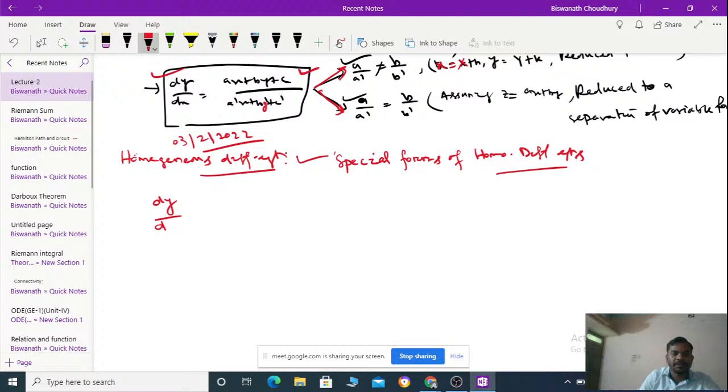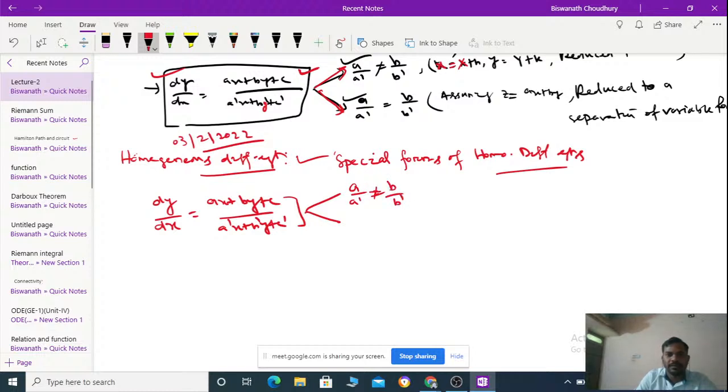In the special form, if the equation is given as dy by dx equal to (ax plus by plus c) divided by (a dash x plus b dash y plus c dash), then this form has two subcases. If a by a dash is not equal to b by b dash, then it can be solved in one way, and if a by a dash is equal to b by b dash, then it can be solved in a different way.